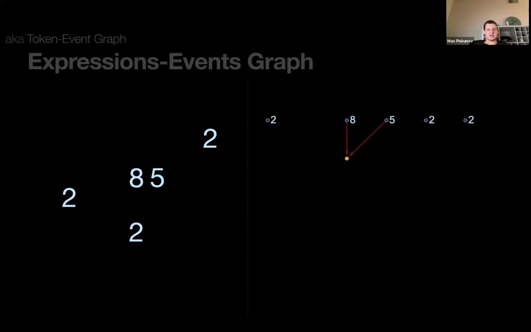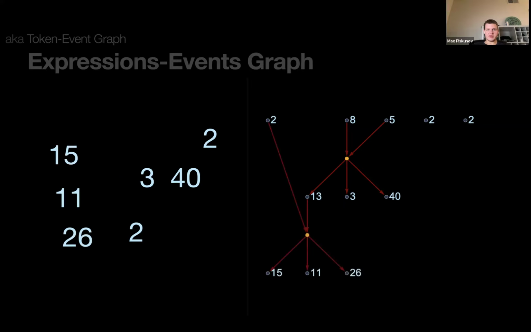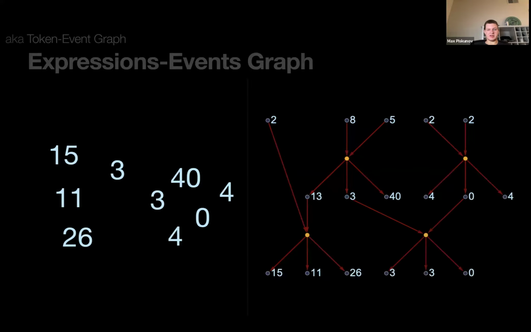When we have an event that takes 8 and 5 and produces 13, 3, and 40, we add a corresponding event to the expression events graph. And then we keep adding event vertices. At the end, we can see the entire evolution of the system in this expression events graph.